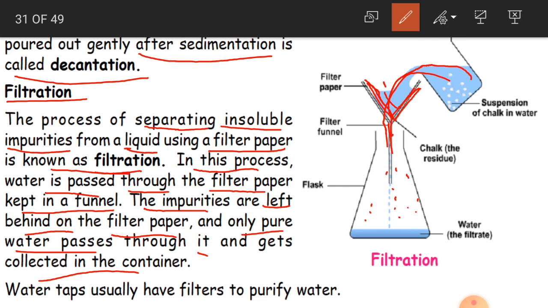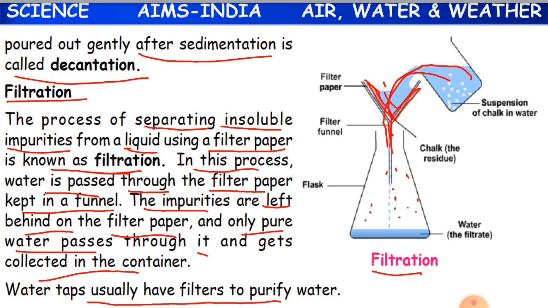So this is how we also filter the water. Clear, children? And what is this known as? Filtration. This process is known as filtration, as you can see here. And water taps usually have filters to purify water. Children, try to touch the underside of the water tap, where you get water, with your finger.